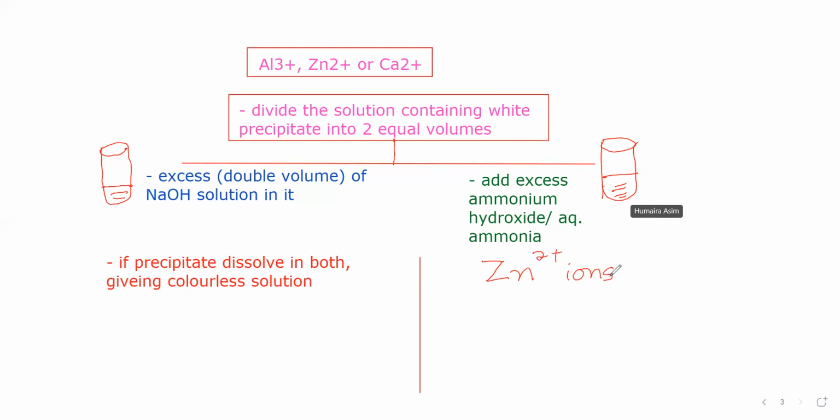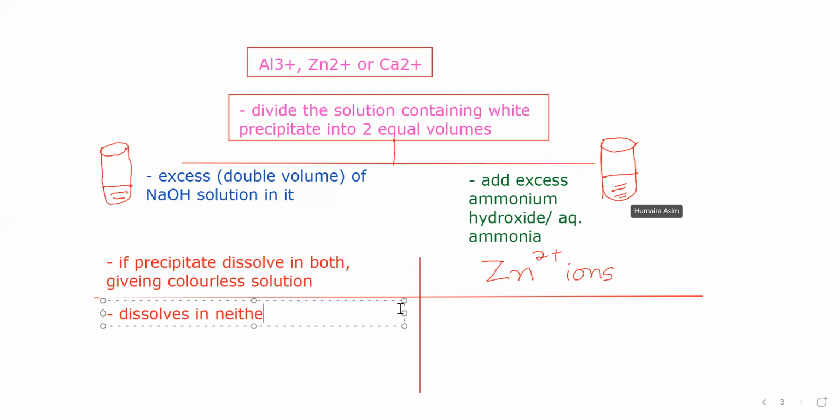So now we go next. I leave this space here. Now what next? If it dissolves in neither, meaning it is insoluble in both, then it is going to be calcium, Ca2 plus ions.